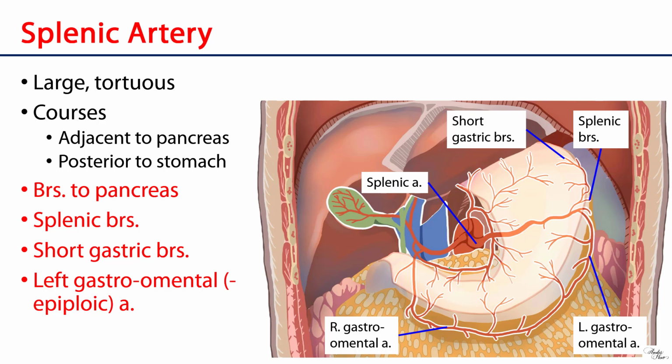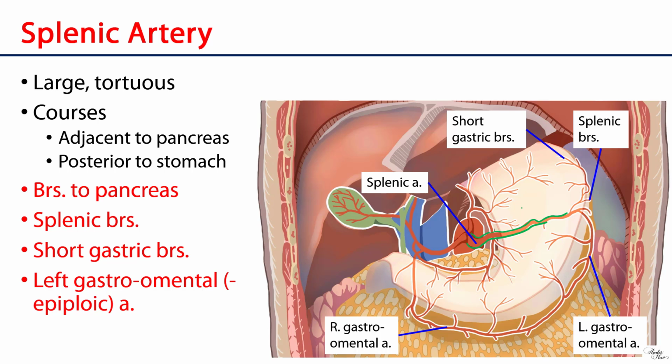The splenic artery is one of the more impressive arteries of the body, certainly the most impressive branch of the celiac trunk. It is rather large and tortuous, and it becomes more tortuous with age. So the splenic artery tends to have a more left lateral and slightly superior course from the celiac trunk.